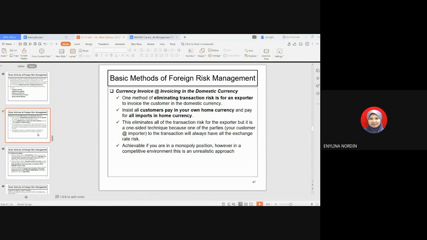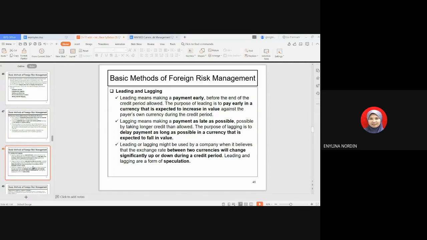The next one, the second strategy, is leading and lagging. This is a speculative strategy, and it is very risky to the traders. Why is that? Because it's subject to predictions of the exchange rate movement in either direction, whether the exchange rate is predicted to decline or to increase, to depreciate or to appreciate.